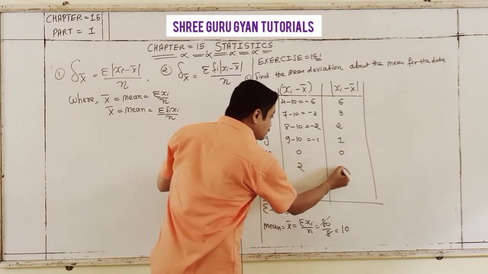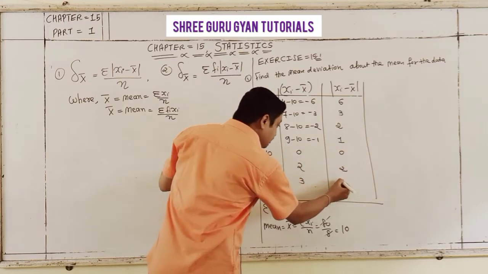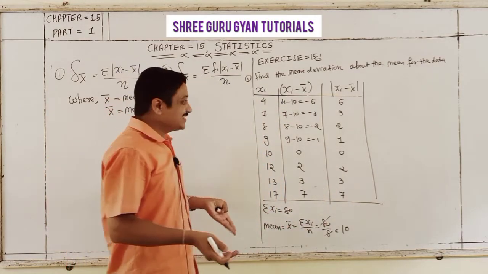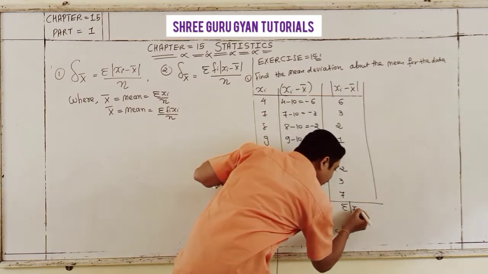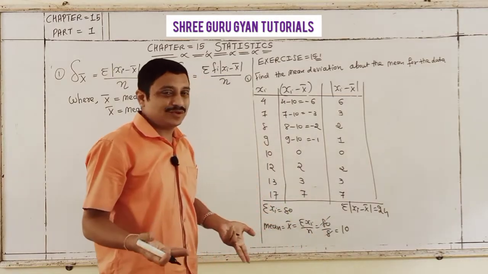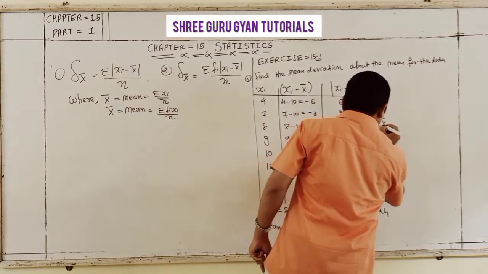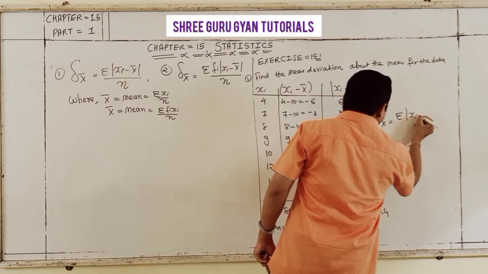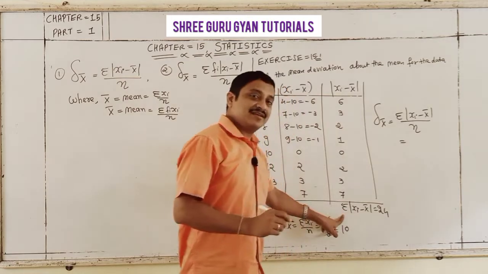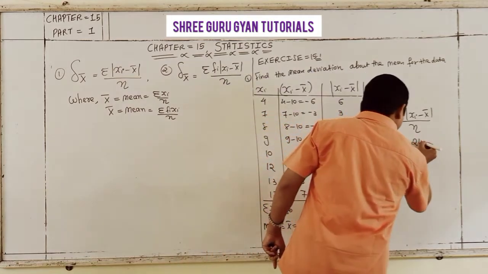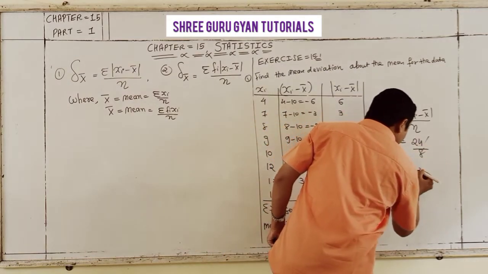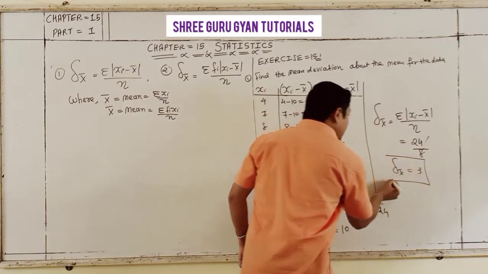Same, 12 minus 10, 2. 13 minus 10, 3. And 17 minus 10, 7. Now students, the total addition, the summation of |xi minus x bar|, it is 24. So mean deviation about the mean, sigma |xi minus x bar| upon n, we get 24, and n is only 8, so 24 by 8 is 3, that's your del x bar.